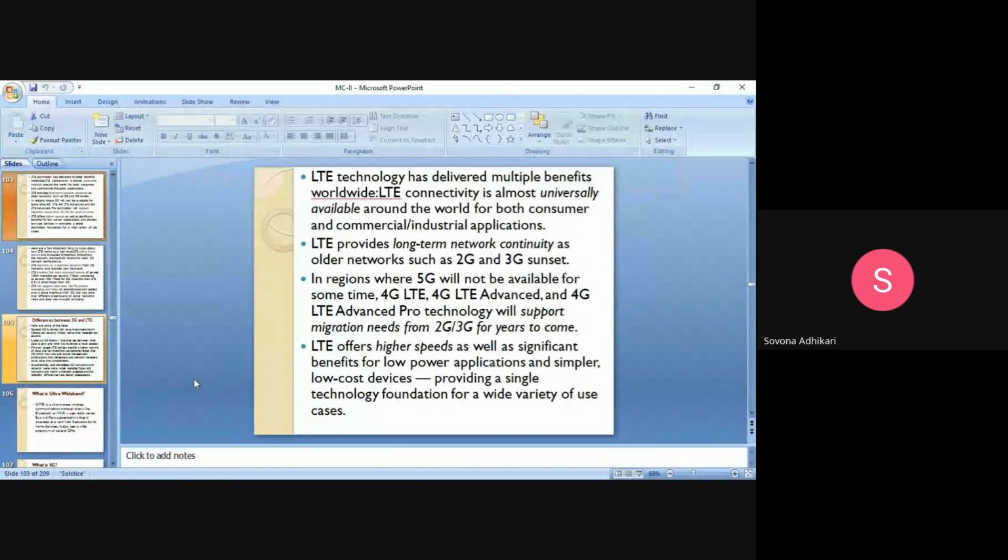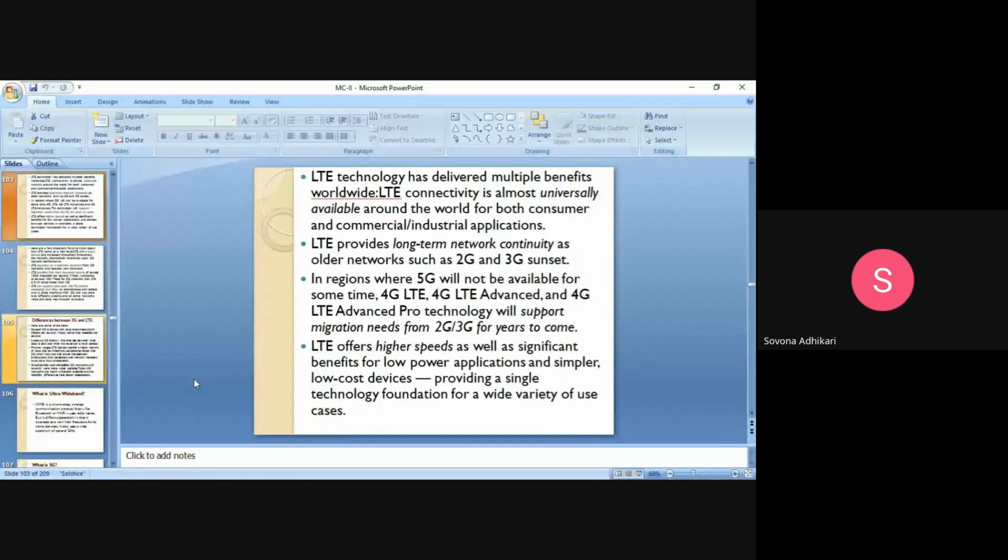So after 2G and 3G, LTE technology is used widely. In regions where 5G will not be available for some time, 4G LTE, 4G LTE Advanced and 4G LTE Advanced Pro technology will support migration needs from 2G, 3G for years to come. So before 5G, 4G LTE, 4G LTE Advanced, 4G LTE Advanced Pro technologies are used.